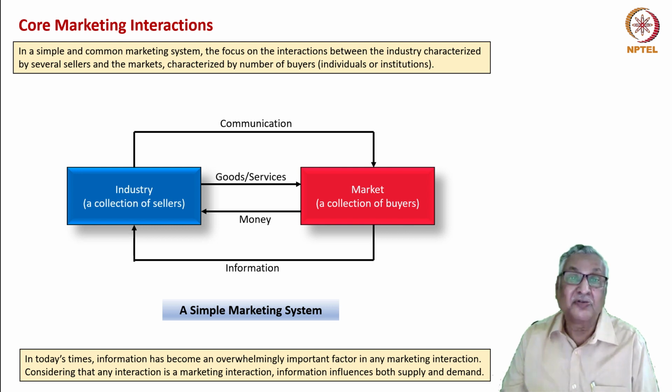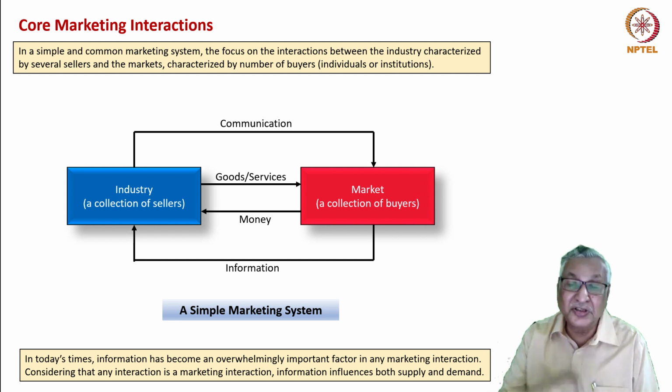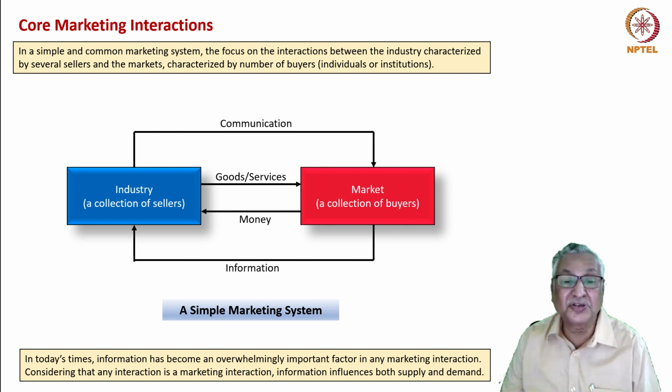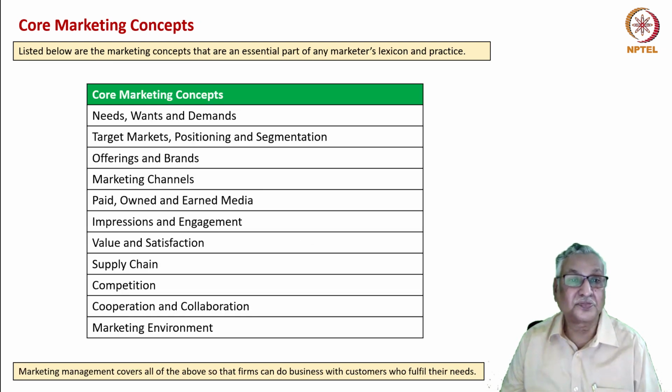Given that any interaction is a marketing interaction, information is a very important factor that influences both supply and demand. So, in the design of the marketing strategy, due emphasis must be placed on the design of an information system that helps the consumers as well as the industry in the process.